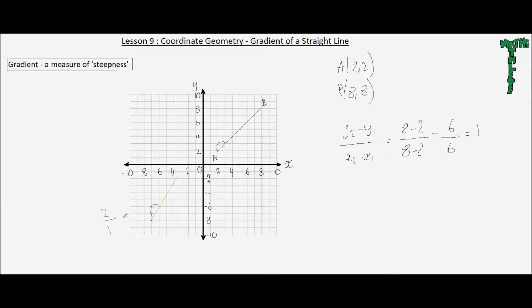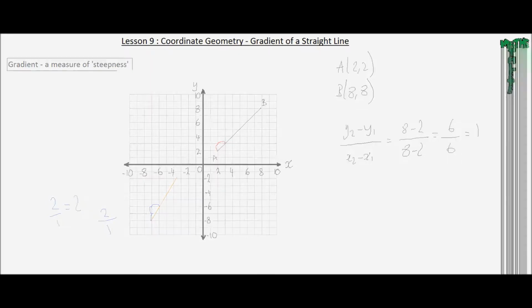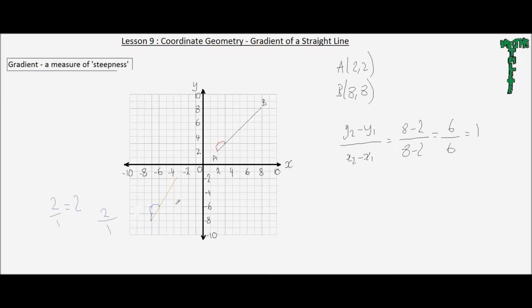So that would be 2 going up and 1 across, and so the gradient would be 2. 2 over 1 equals 2. Okay, and similarly, if we want the gradient of a half, we would travel half the way up with y, and 1 across with x.